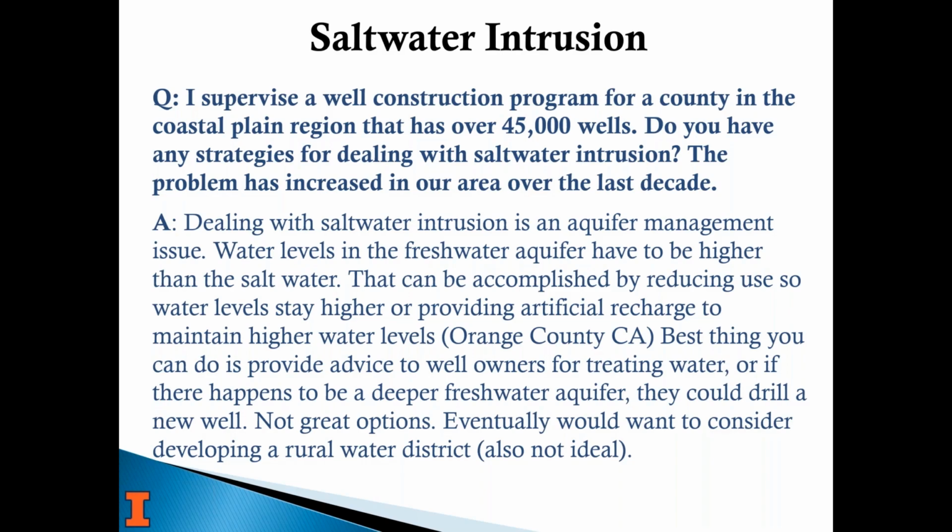They're actually using tertiary treatment for their wastewater for water reuse. It's called indirect water reuse. They're putting all that back into the ground and letting it infiltrate just to keep the water levels high enough so that salt water doesn't intrude, because they're pumping a lot of water every day out of that aquifer.